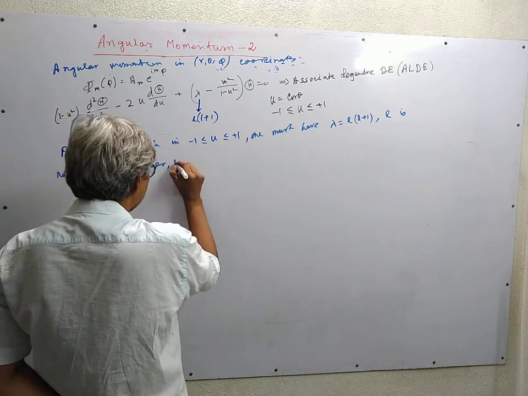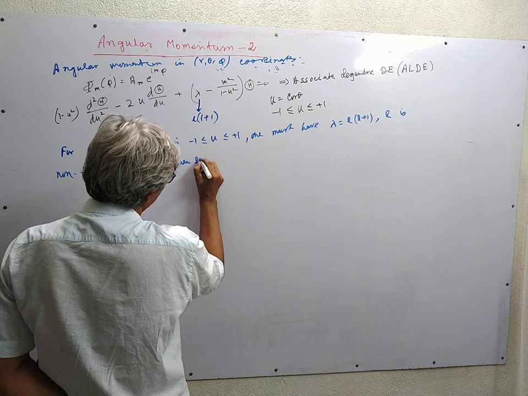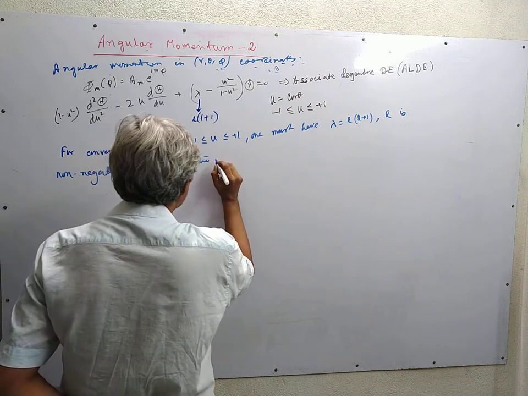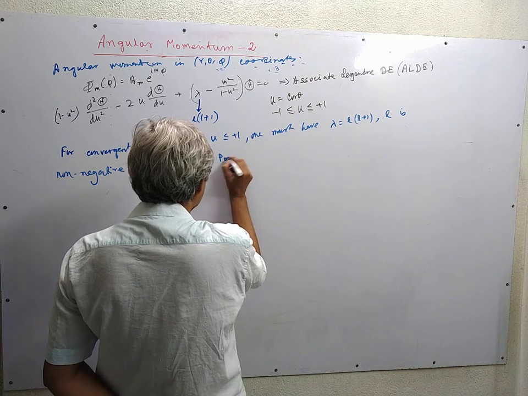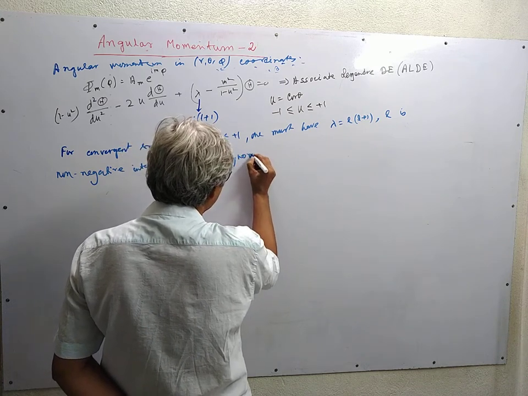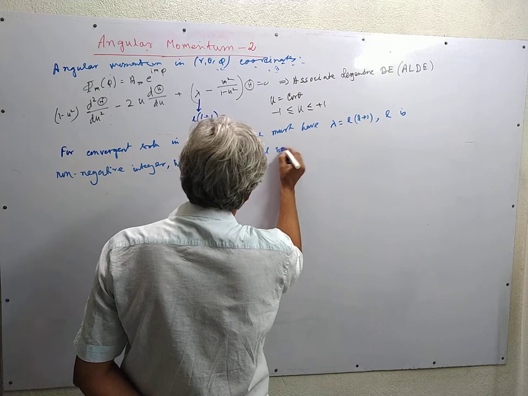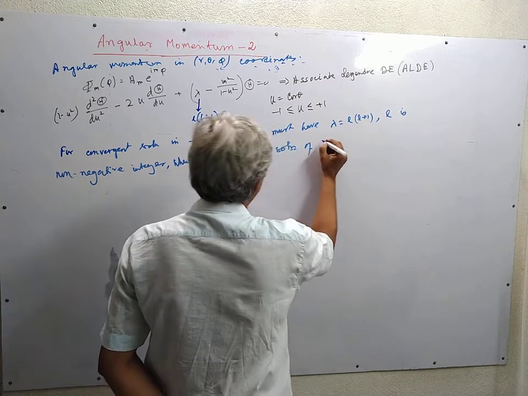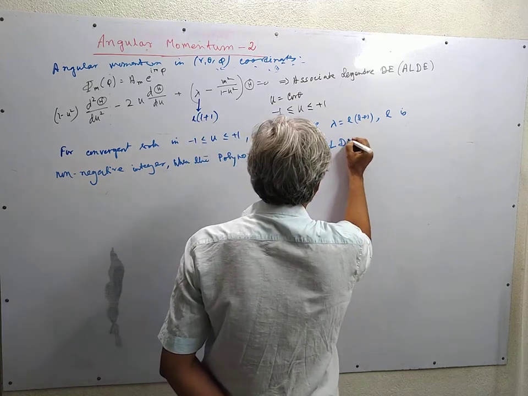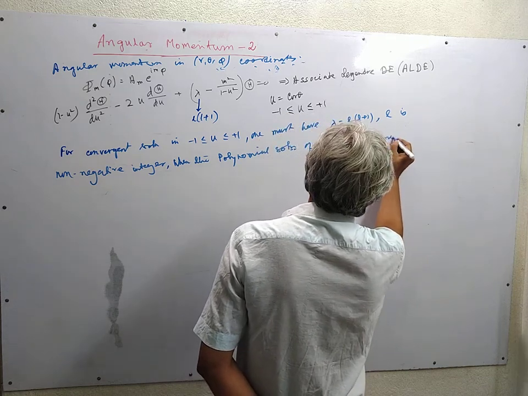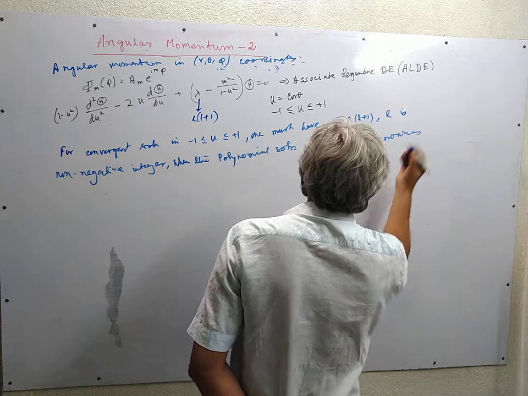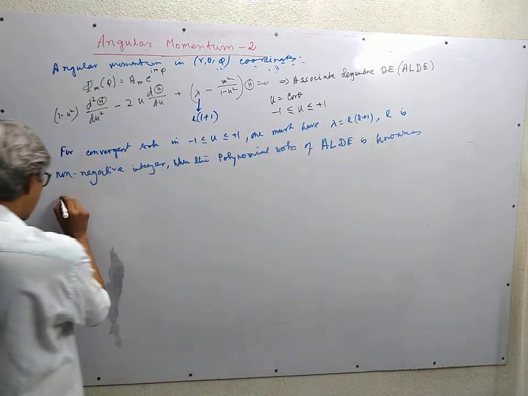Once we have the polynomial solution of the associated Legendre differential equation, it is known as the associated Legendre polynomial.